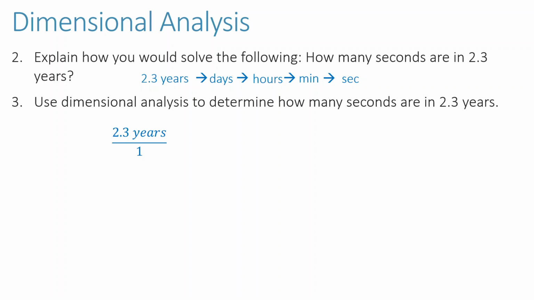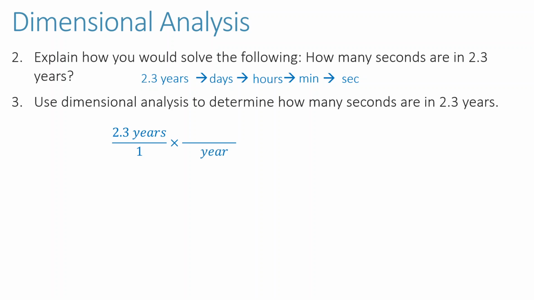Now, it's really important that you include the units on all of your numbers here, because that's how you know what to multiply and what to divide in order to get this answer. So I know that I want to cancel out years. So I'm going to put year on bottom here.